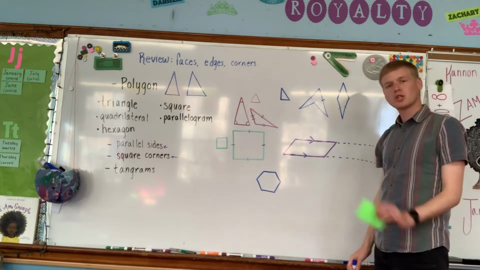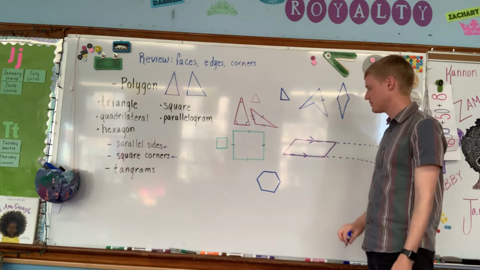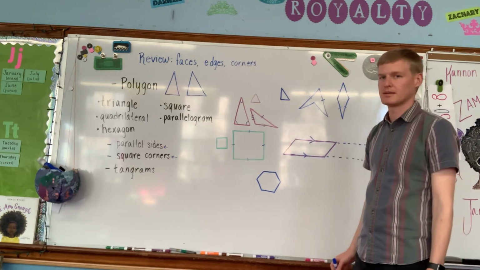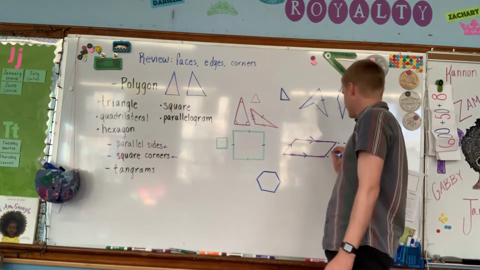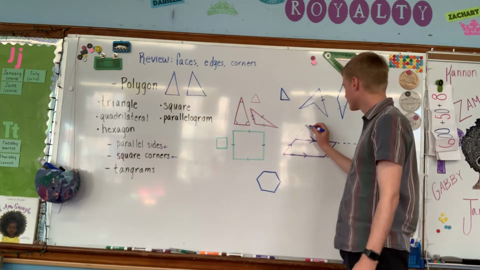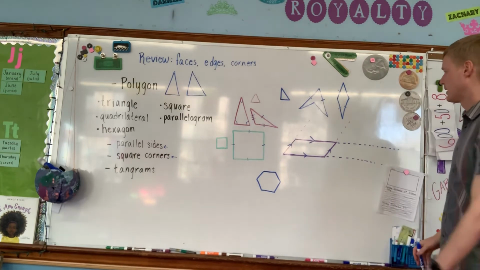But I said there's 2 sets. This is set 1, the top and the bottom. There's another set of parallel lines on this parallelogram. Yeah, it's this other 2 sides. Just because they're diagonal doesn't mean they can't be parallel as well.